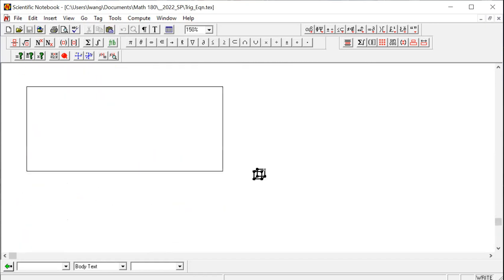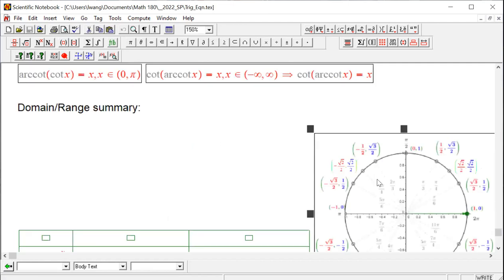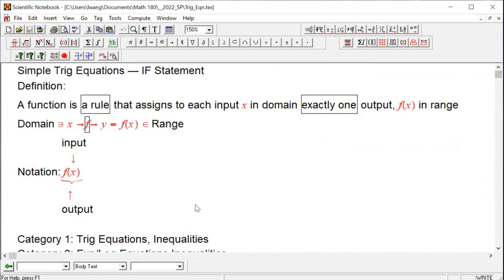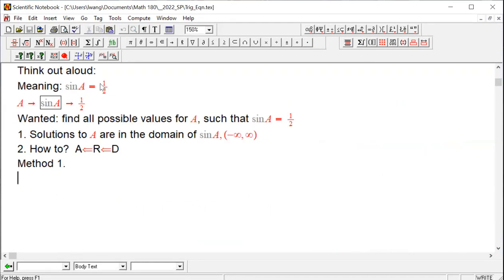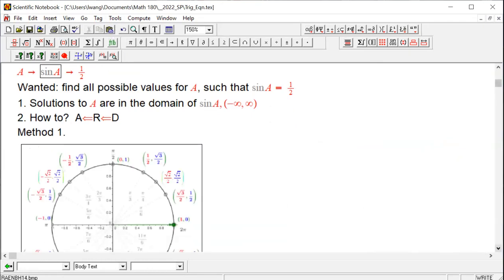Where's my unit circle? It's not in this spot. Okay, I know it's somewhere. The first method is probably the most common method. You have seen that.